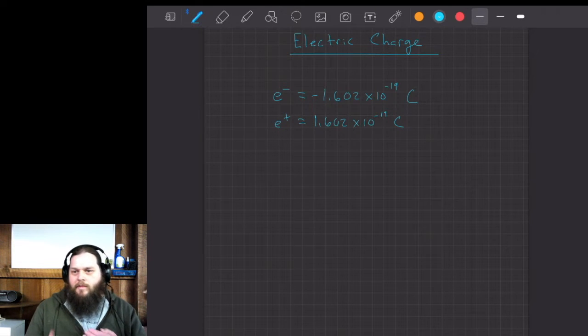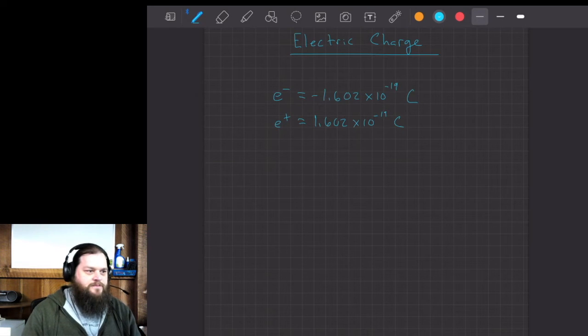So some combination of positive and negative charges is going to represent all the electric charges we know of in the universe. There are also subatomic particles and fundamental particles like top quarks, bottom quarks, and other things like that that do have partial charges, but you're not going to see those independently. They're always going to be bonded together in a more complex particle like a proton, for example.